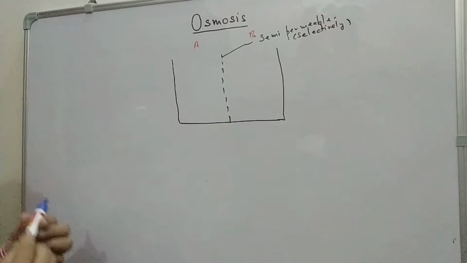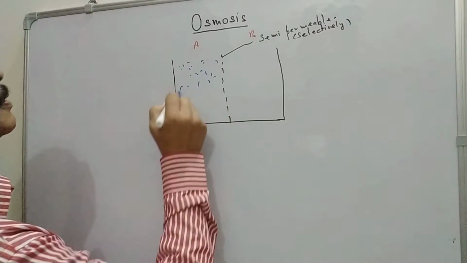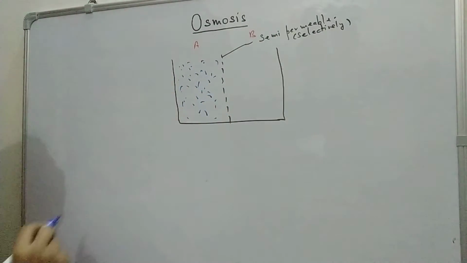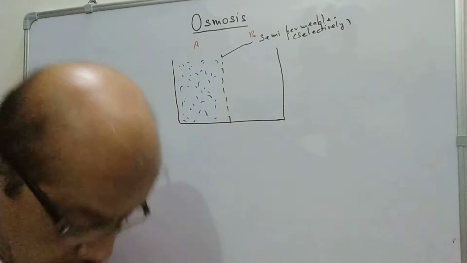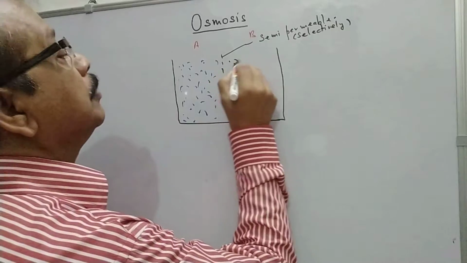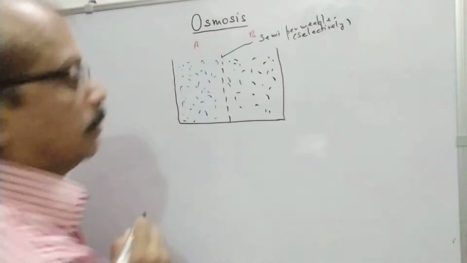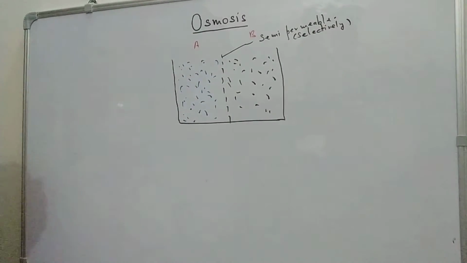Now fill one side with hypotonic solution, having high concentration of solvent, and here you can take hypertonic solution, having low concentration of solvent.